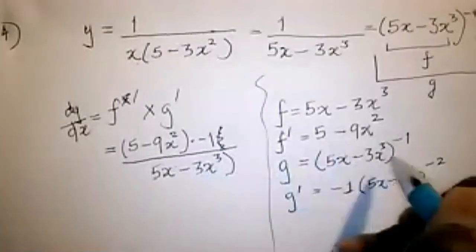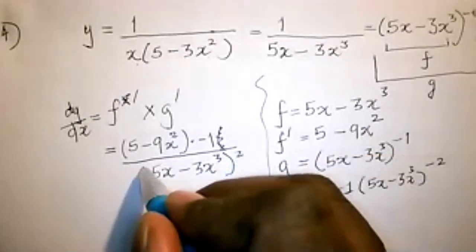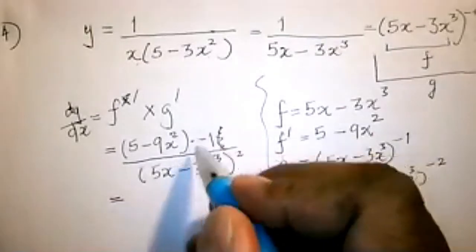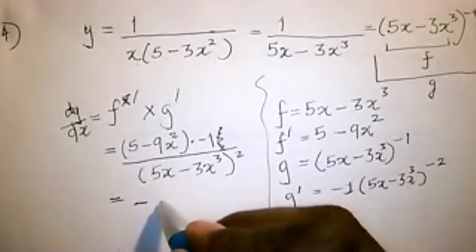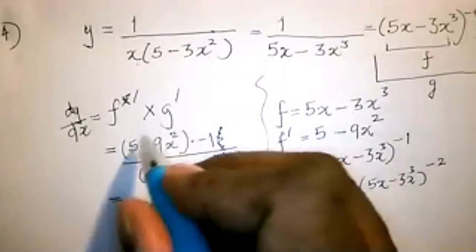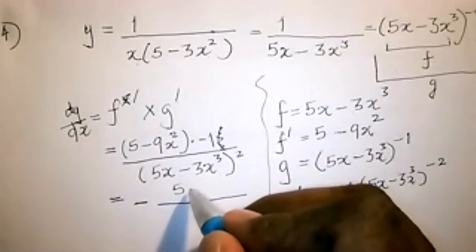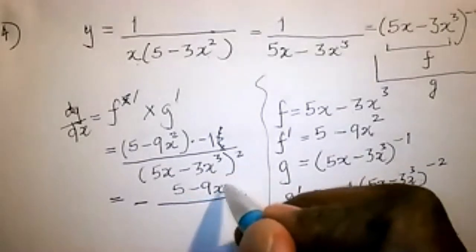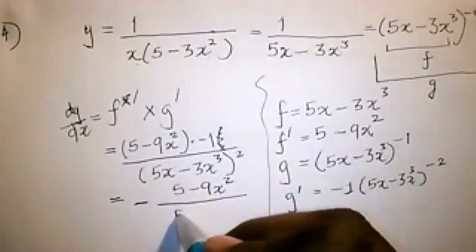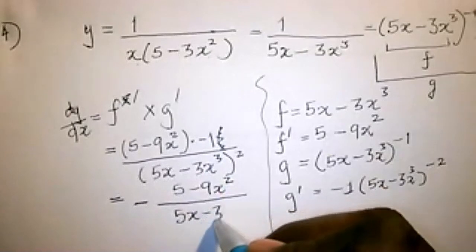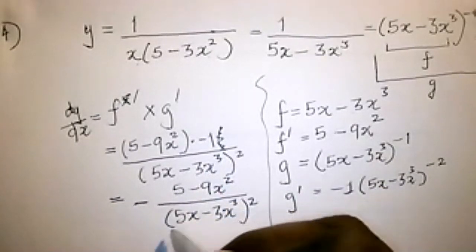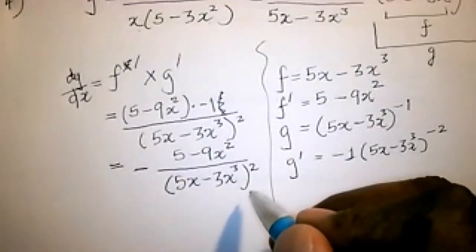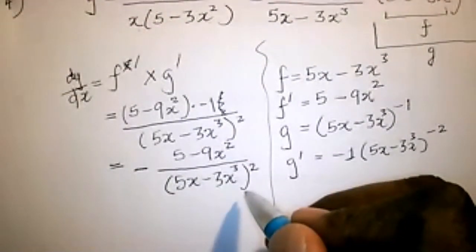So it's minus 2 there, positive 2 here. But now I must remember that I've got a negative here. I can put the negative in front like that. And then I take my 5 minus 9x squared divided by 5x minus 3x to the power 3, squared. Okay, and that's it.